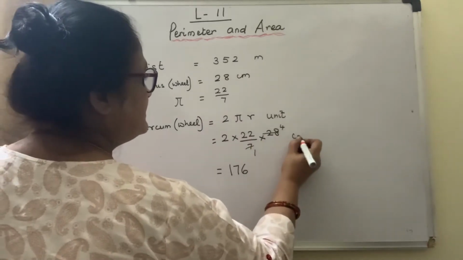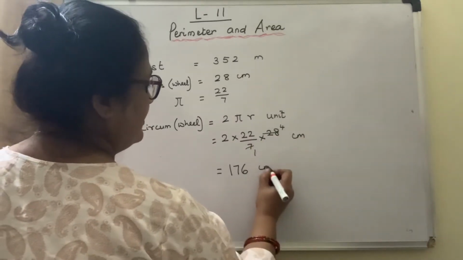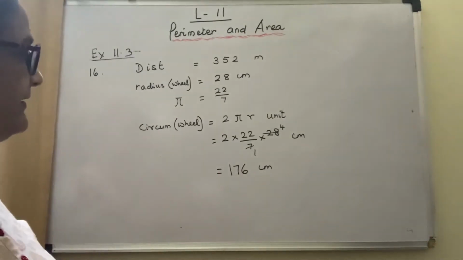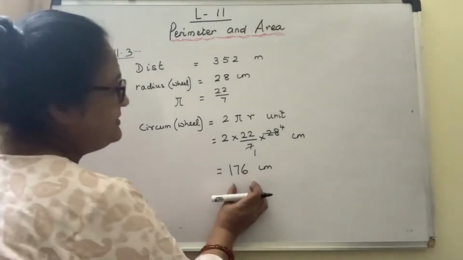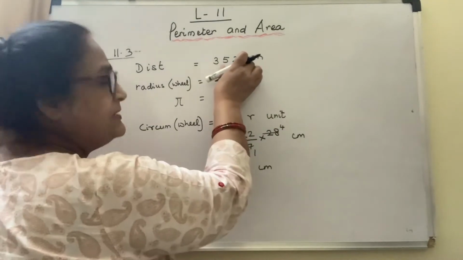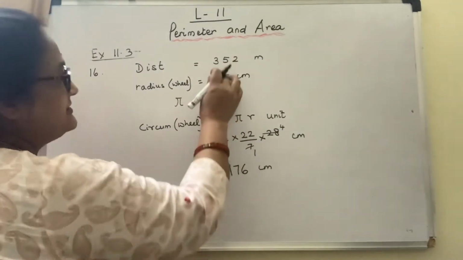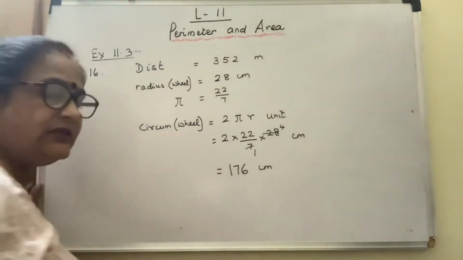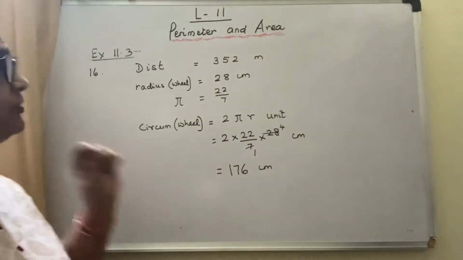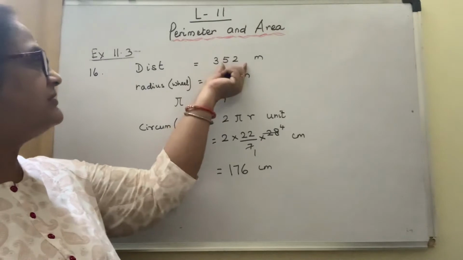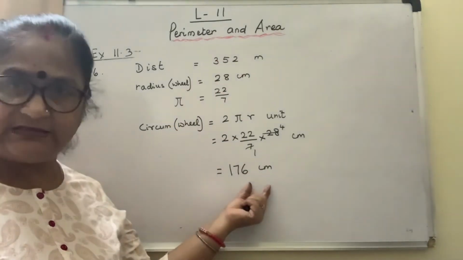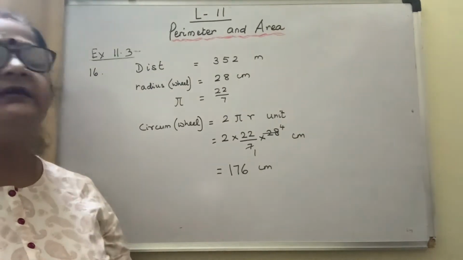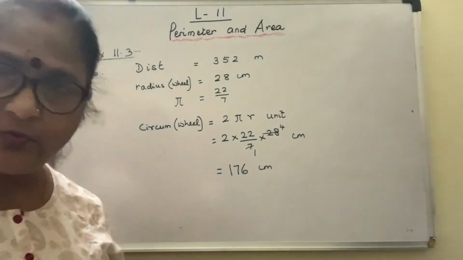So this is centimeter. The distance is given in meters, whereas the circumference you got is in centimeter. So what we will do is convert the distance also into centimeter so that we can find how many times it is going to rotate.